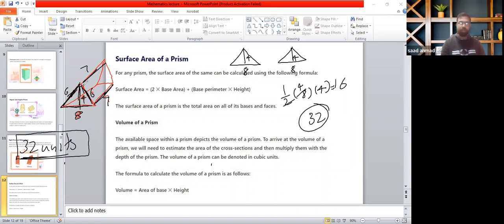The perimeter of the base is here, like this. The perimeter for the triangle is 8 plus 6 plus 6.